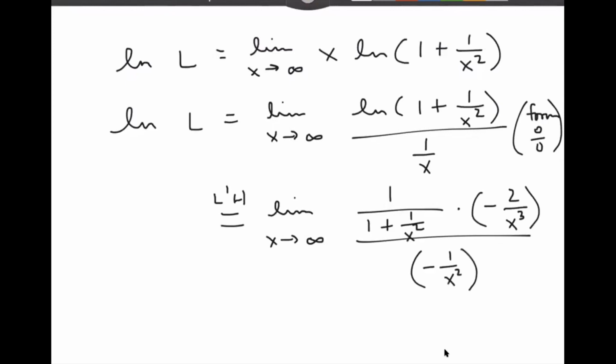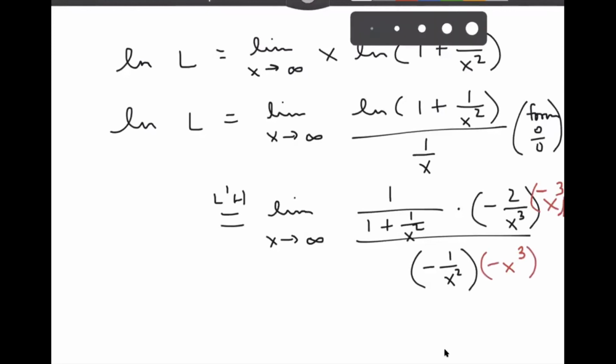So I think what we want to do with this is just try to clean it up. Let's just multiply the top and the bottom by x cubed. You know what? Let's make it negative x cubed, and then we can knock out those negative signs.